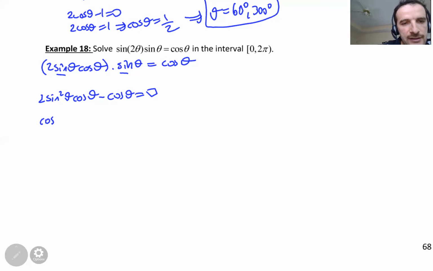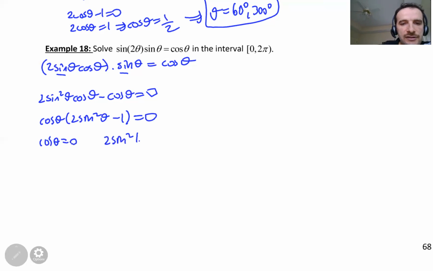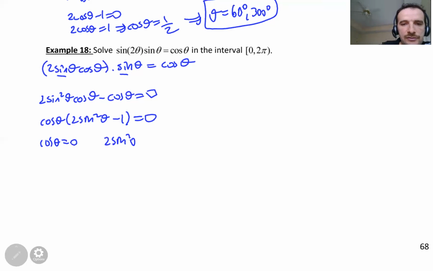Cosine theta times 2 sine squared theta minus 1 is equal to 0. Cool. Now each factor should be equal to 0, right? Cosine is equal to 0 and 2 sine squared minus 1 is equal to 0.